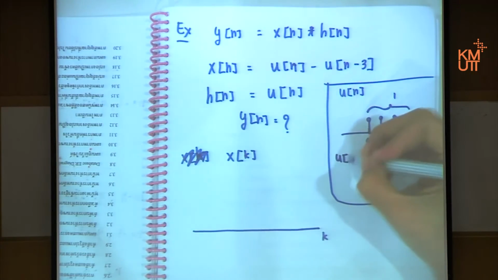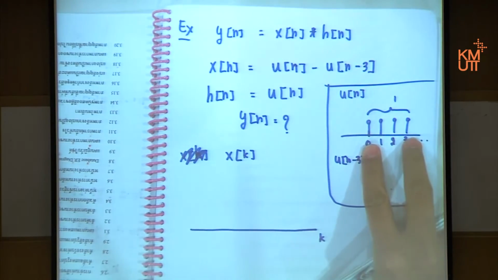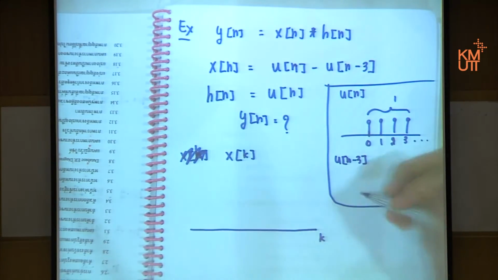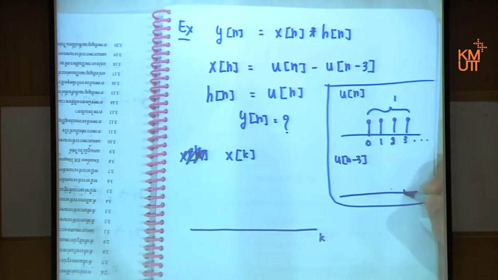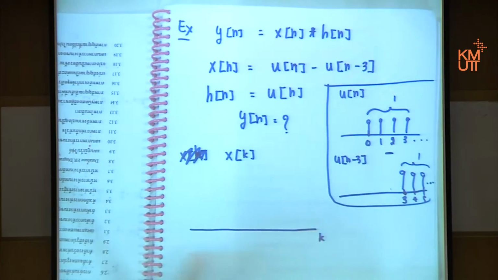For u[n - 3], what is it? It is the shifted version of this one to the right by 3 units, so it must start at 3, right? 3, 4, 5 and so on. The height is still equal to 1. So if you subtract this one from this one, what will you get?